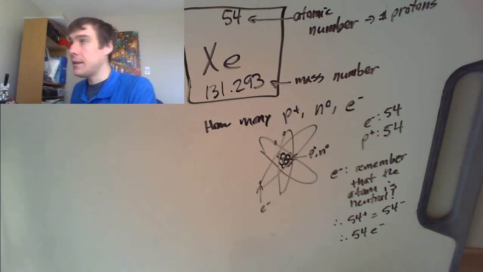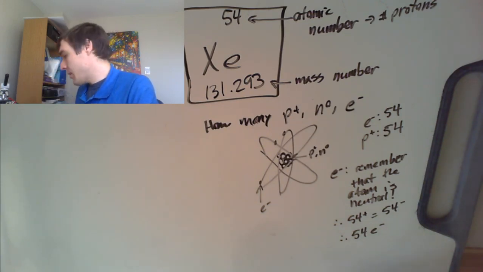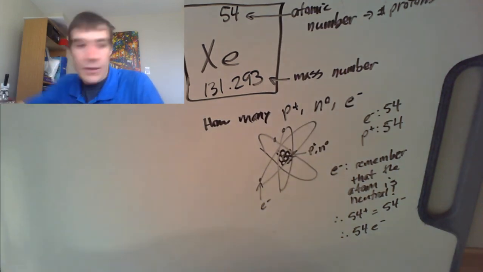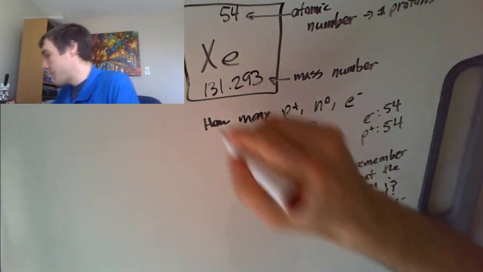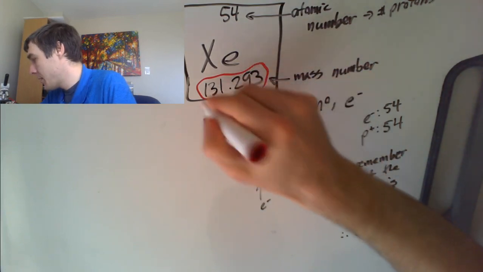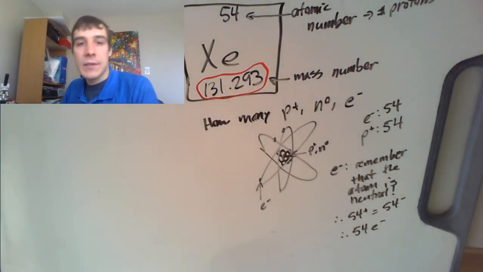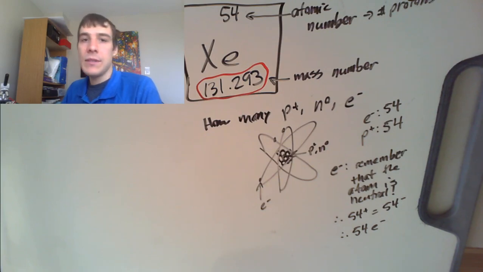For neutrons, that's where we're going to the mass number. Remember what I talked about just a second ago, that the electrons are 1/2000th the mass of a proton or a neutron.